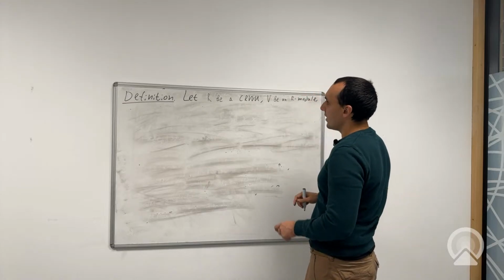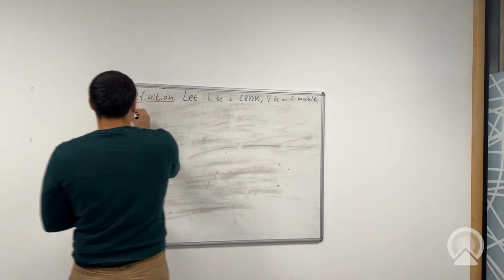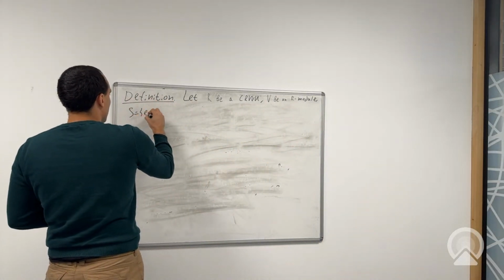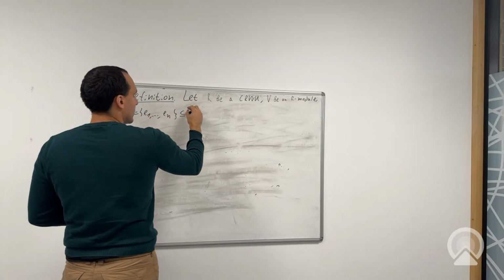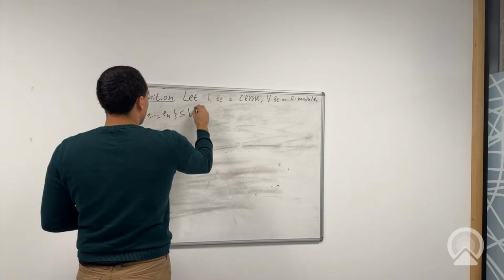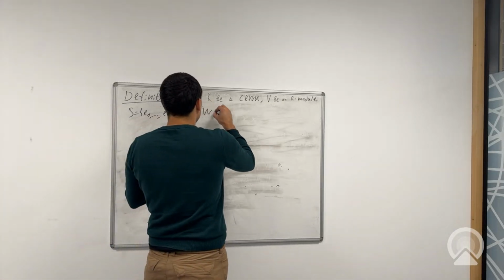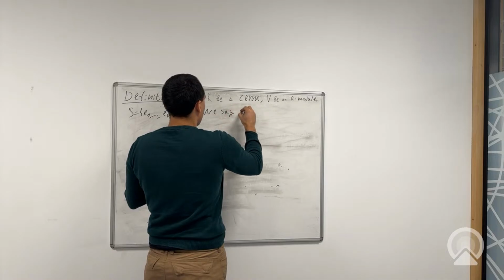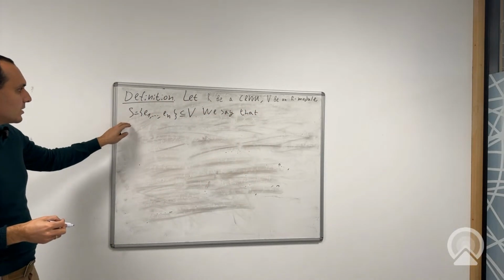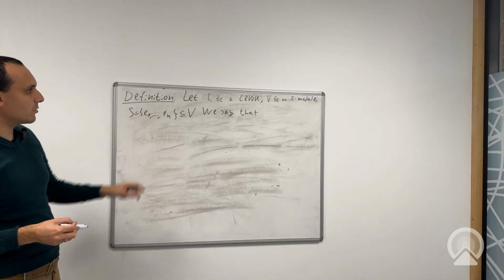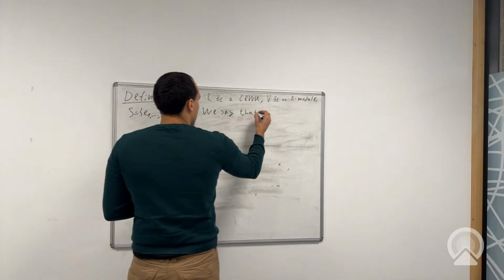Take a finite set of vectors, S equals e1 to en, a subset of V. We say the following for the vectors, because it's usually how it's framed.